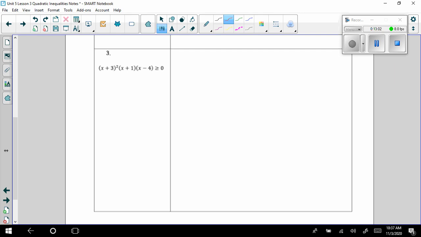This one is already in what's called factored form, so there's nothing you really need to do with it. (x plus 3) squared times (x plus 1) times (x minus 4) is greater than or equal to 0. I don't need to expand this in any way. I'm just going to set each of these equal to 0 and solve. This gives me negative 3, and it has what's called a multiplicity.